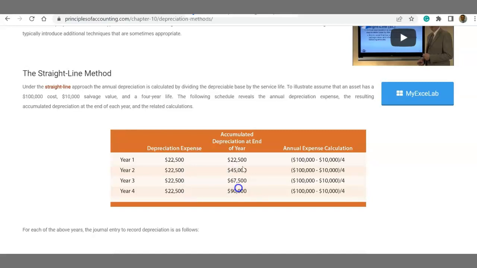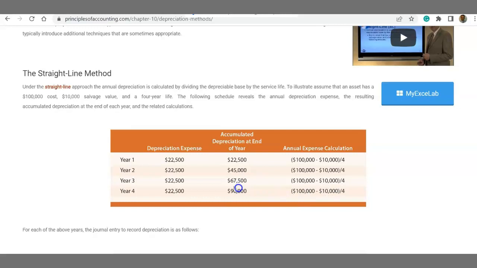And accumulated depreciation at the end of year one will be 22,500. Then year two, you add another 22,500. Year three, add another 22,500, to the point that accumulated depreciation ends up to be $90,000. And that's exactly the depreciable base, which is cost minus residual value.